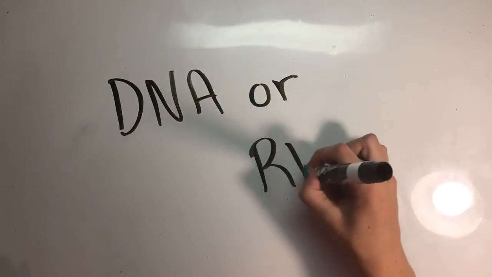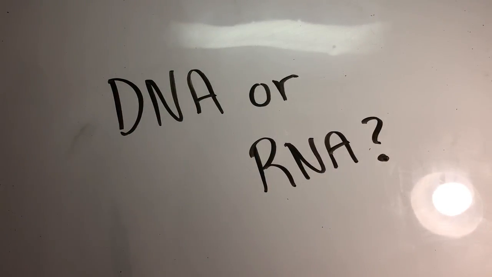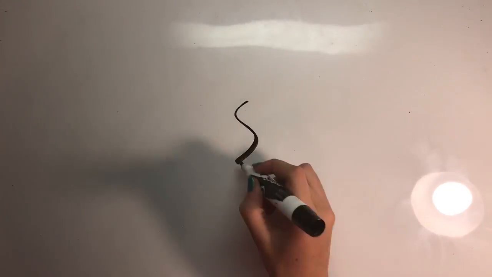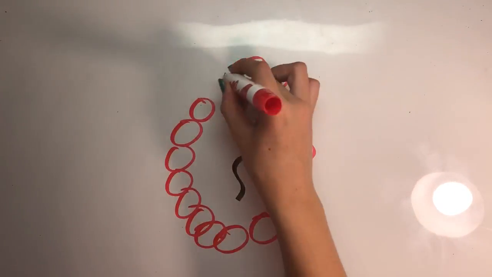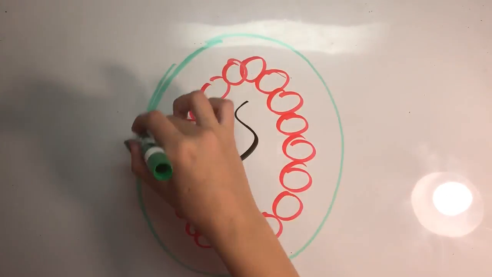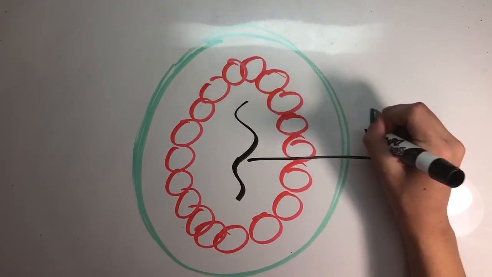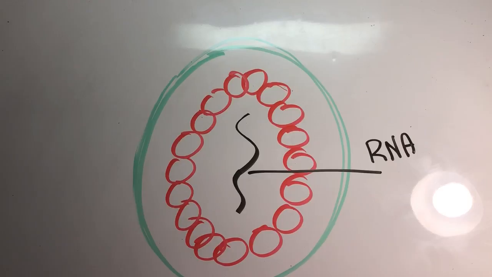Viruses can contain either DNA or RNA as their nucleic acid. Viruses containing RNA are known as retroviruses.